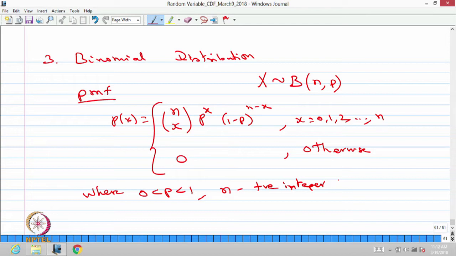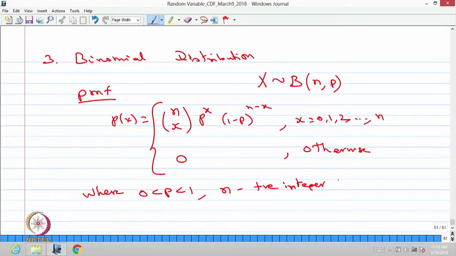If you supply the value of n, which is a positive integer, and small p, which lies between open interval 0 to 1, then you are known with the probability distribution of this random variable. The probability mass function has this form.